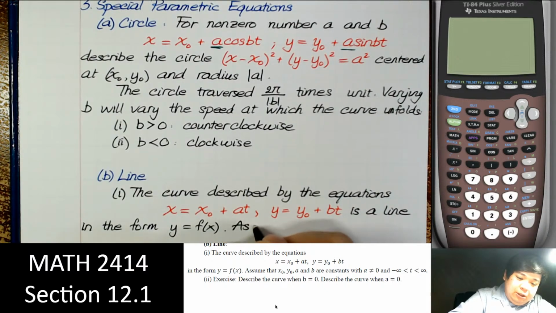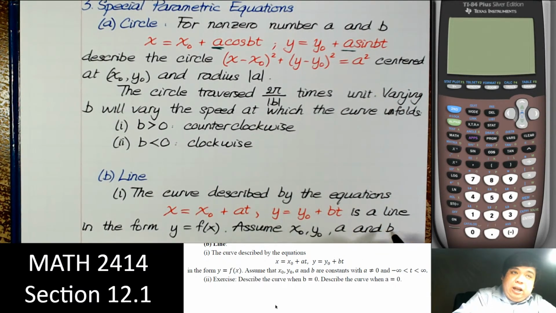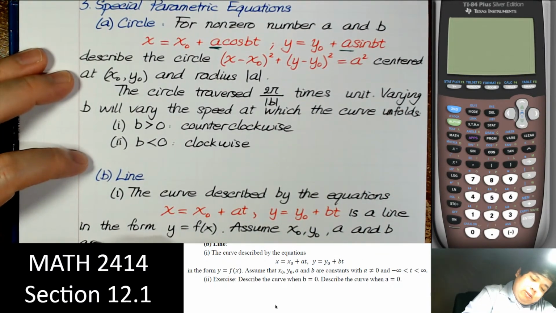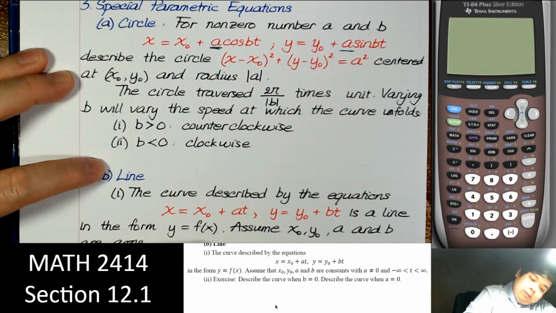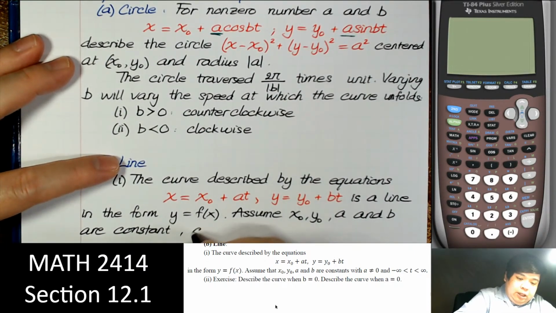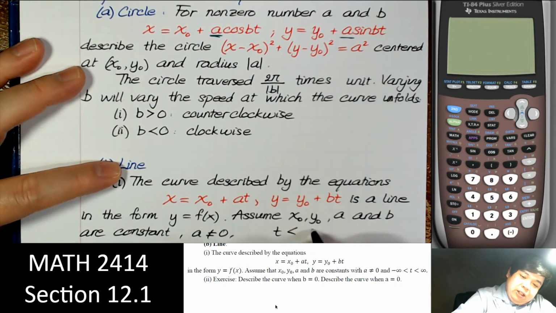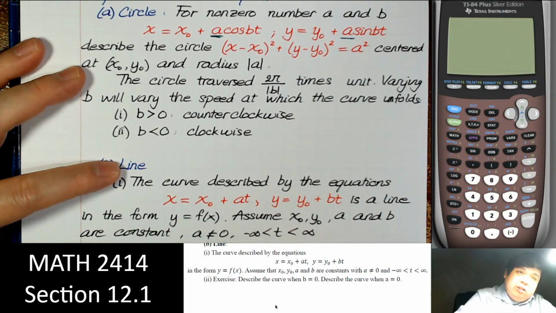Assume x naught, y naught, a and b are constants, and a is not equal to 0. t is between negative infinity and infinity.